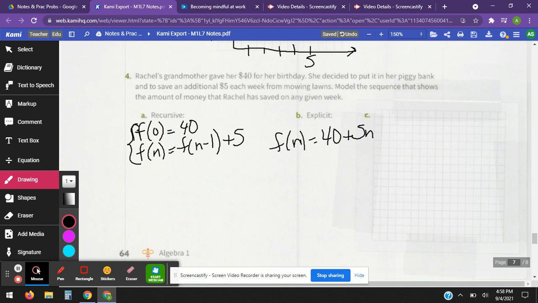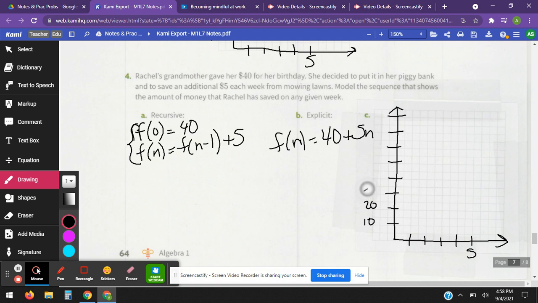All right, so let's do our graph. And 1, 2, 3, 4, 5, and 10, 20, 30, 40, 50, 60, 70, 80. So here's her money, and here's her weeks.